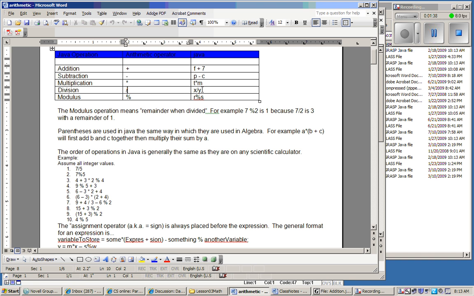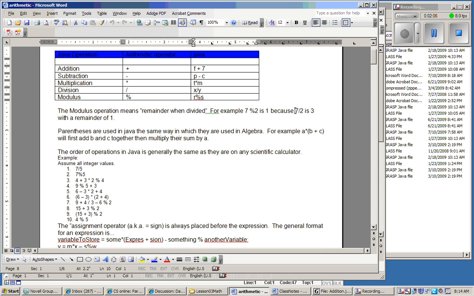So let's say over here that x and y are both typed as integers, and let's say x is 5 and y is 2. 5 divided by 2 in Java will return an integer. So even though the correct answer is 2.5, Java will think of it as 2. It'll just truncate the decimal point and any numbers that come after it.